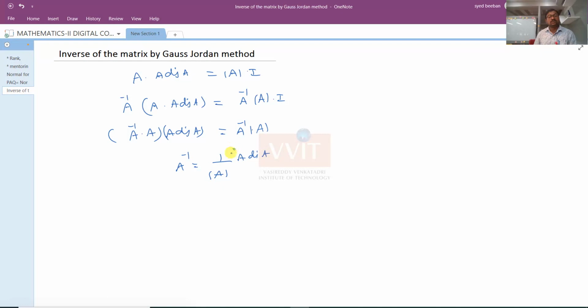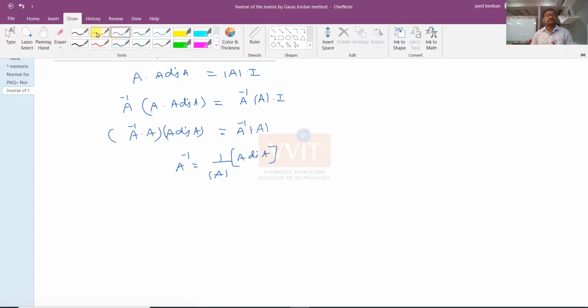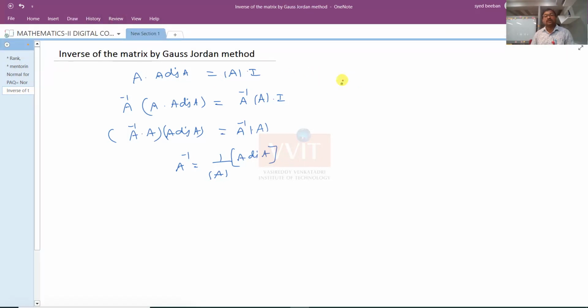This we can try, but this method is advisable only up to 3 by 3. Because the major issue is that adjoint of A means I need to find the transpose of the cofactor matrix.